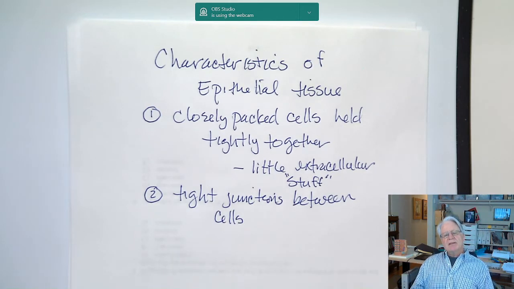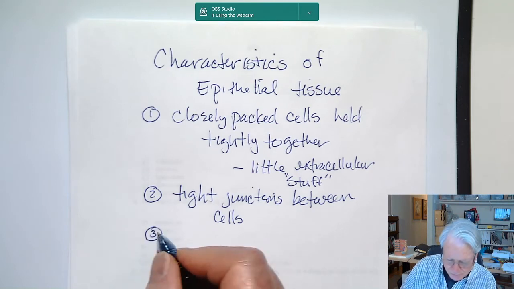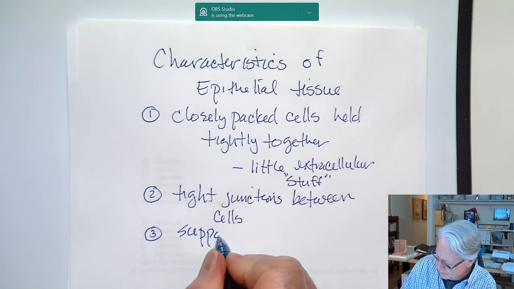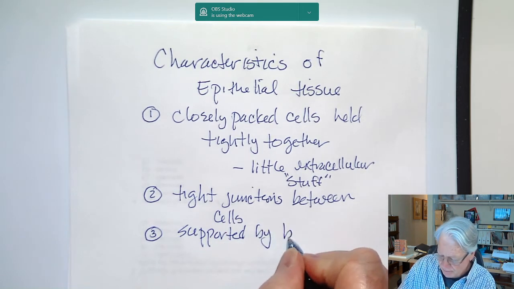We'll be talking about these, and it's the first thing we start off with in the lecture on tissues, where we're looking at all the different types of junctions and connections between cells, and tight junctions is going to be one of those, and we'll take a close look at that there. So tight junctions. Number 3, we're going to have a supporting basement membrane.